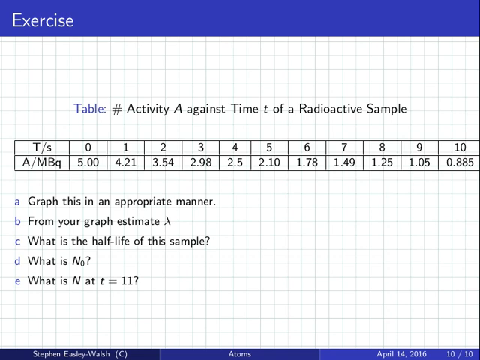How do we find n0? Oh, yeah, okay, because you can't use that formula. You have to use the other formula, A equals minus n lambda. Sorry, minus n lambda, yeah. That will give us the n0 because we know the A0.